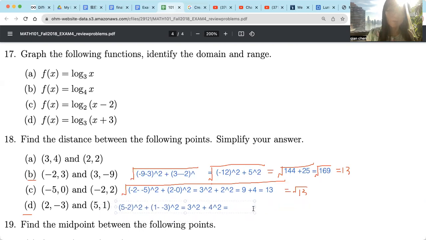So this is a famous Pythagorean triplet. So 3 squared is 9. 4 squared is 16. 9 plus 16, 25. Okay, square root of 25 is just 5.